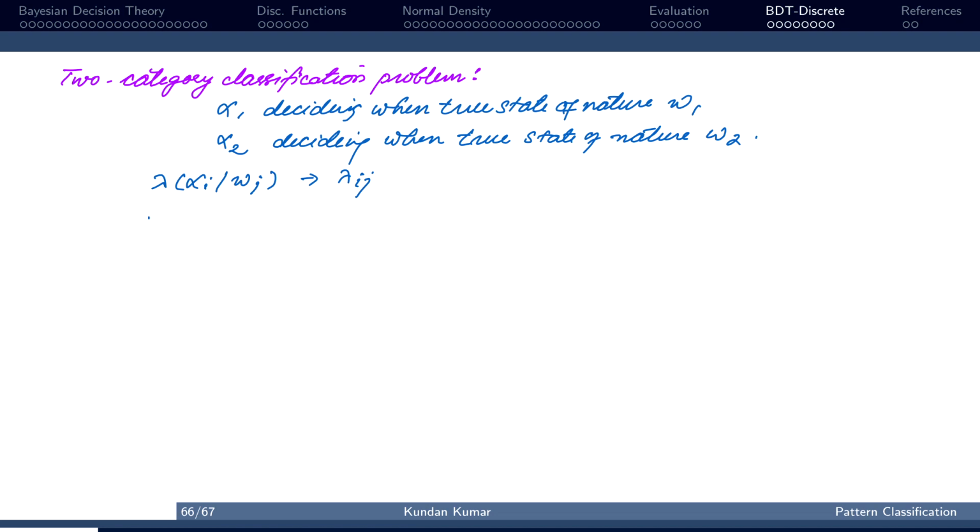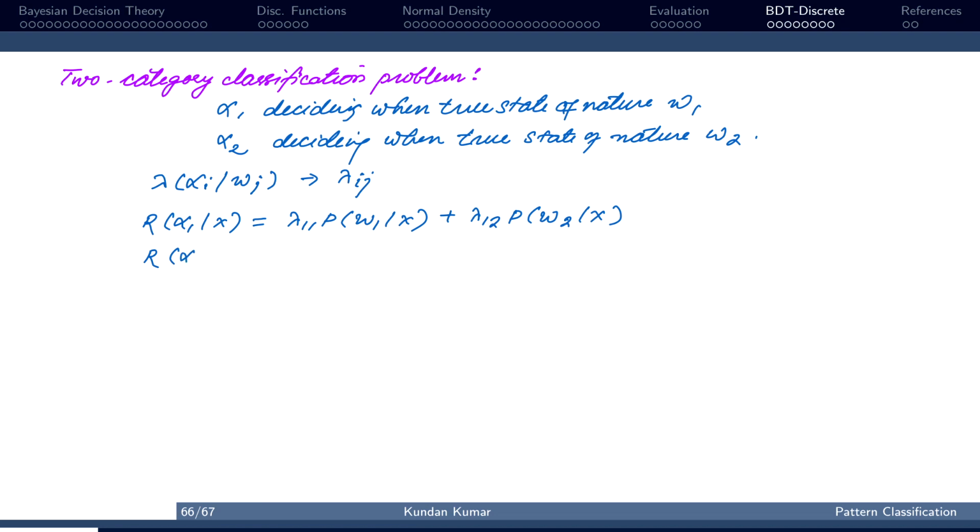So we can define the risk for these two classes as R of alpha 1 given x equal to lambda 11 into the posterior probability of class 1 plus lambda 12 into the posterior probability of class 2.